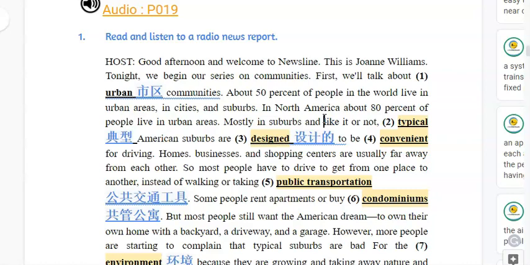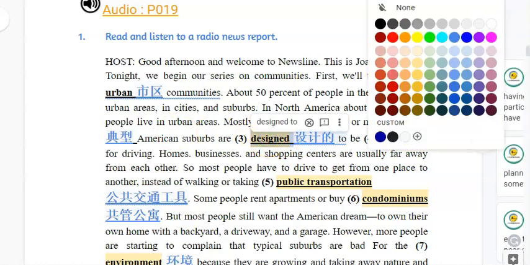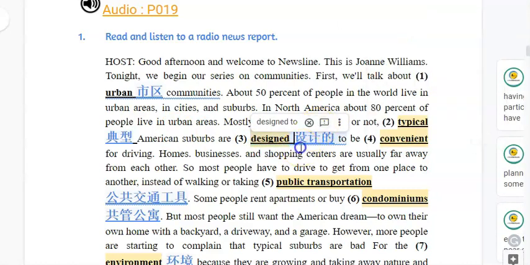Say designed. Designed. One more time. Designed. Okay, correct.